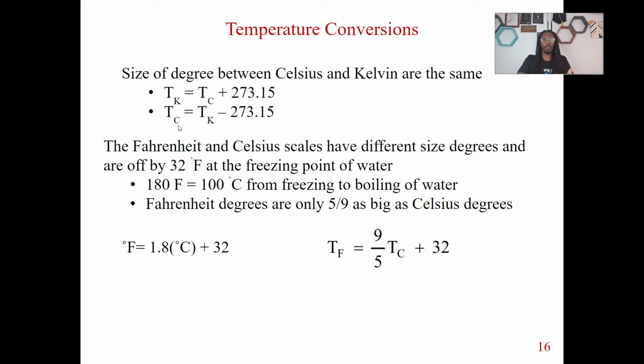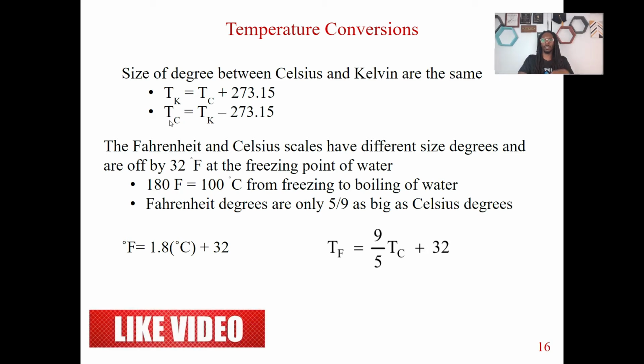For Celsius temperatures, if I want to find Celsius, I must subtract 273.15 from Kelvin. This is going to give me my Celsius. Basically you're either going to add 273 or subtract 273.